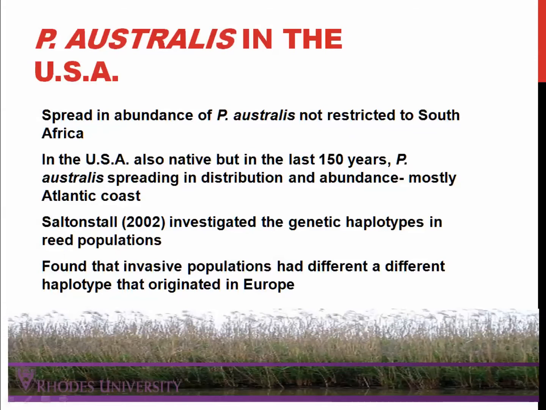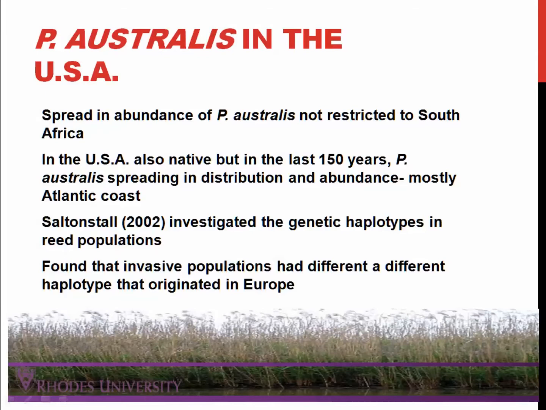And a study by Saltonstall in 2002 found that by looking at the genetic haplotypes, so the genetic strains that were present in Phragmites populations in the US, the stands that were becoming invasive and moving into new areas had a different haplotype to stands that were not invasive.